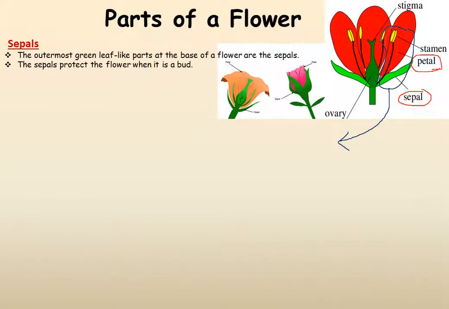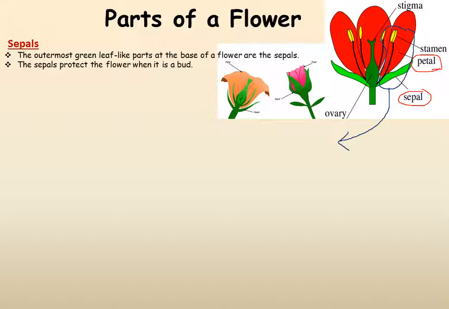Now we are going to see the different parts of a flower. The first and important part of a flower is the sepal. Look at the picture on the right side of your screen. You can see the sepals. Did you see this one? There is a green color.